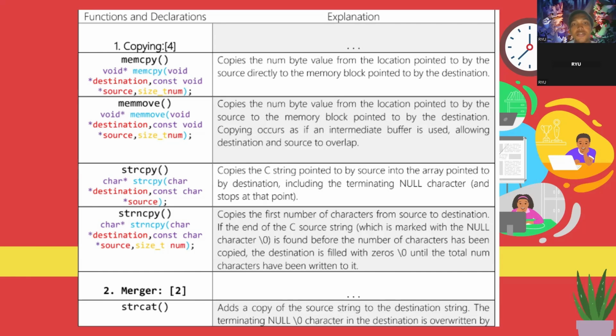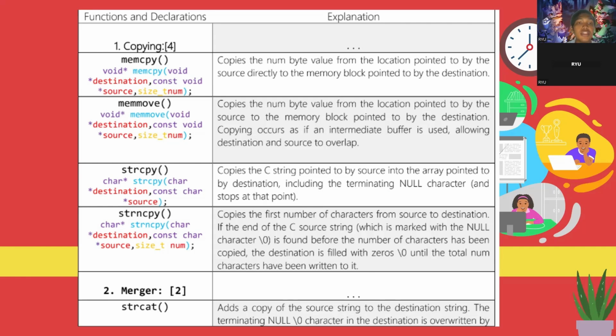Copying occurs as if an intermediate buffer is used, allowing destination and source to overlap. strcpy copies the C string pointed to by source into the array pointed to by destination, including the terminating null character, and stops at that point.